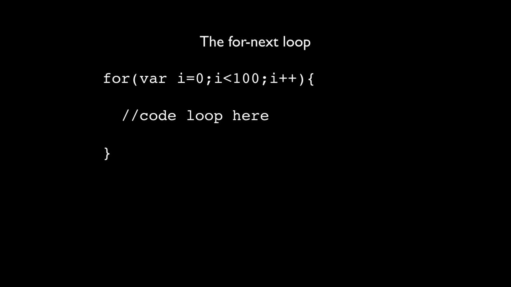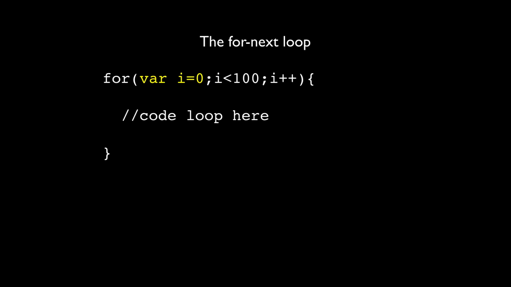You begin with the for keyword itself, and then within parentheses we have the creation of a variable. This is a dense block of statements here. We create this variable called I, and we set it to 0. Then we have this semicolon, and the semicolon breaks up the three parts of this for next loop.